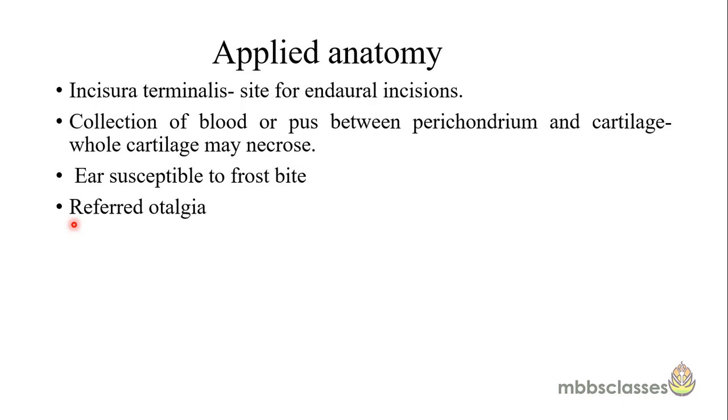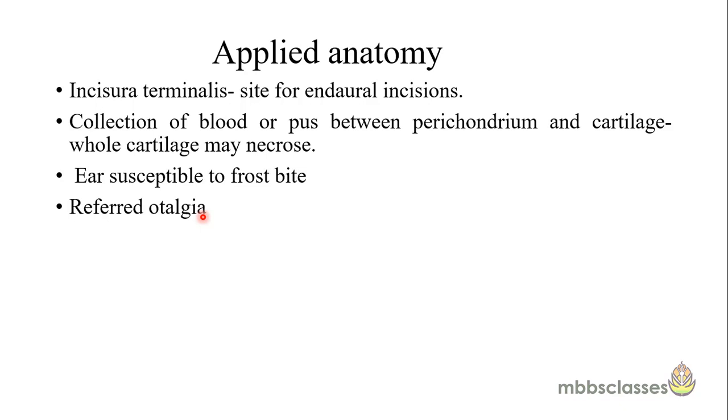What is referred otalgia? In referred otalgia, patients come to you with earache but the cause is not in the ear. On examination, the ear is fine but the patient is complaining of ear pain. Then what to do in those cases, and why does it happen? It happens because the ear gets its innervation from so many nerves: the fifth nerve, ninth nerve, tenth nerve, greater auricular nerve, and lesser occipital nerve.